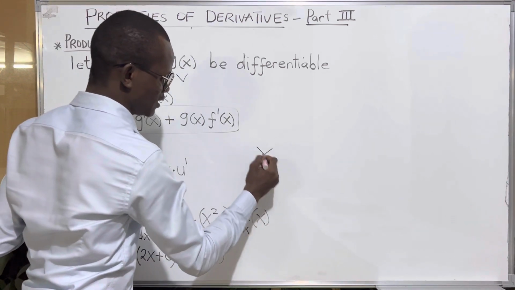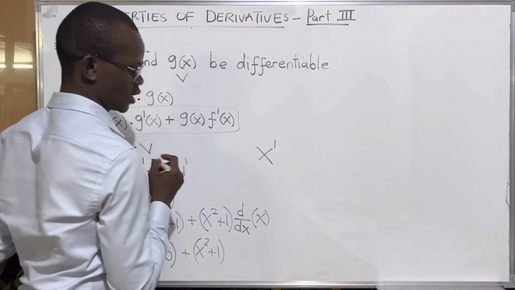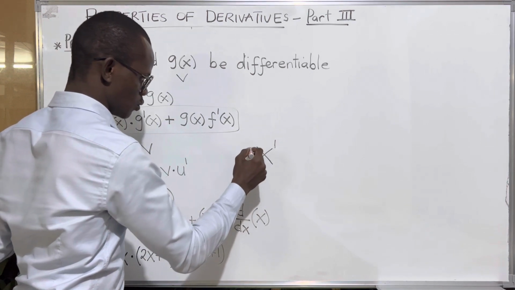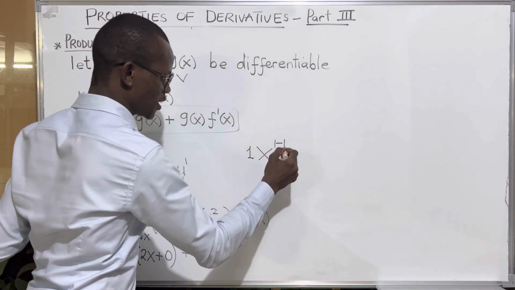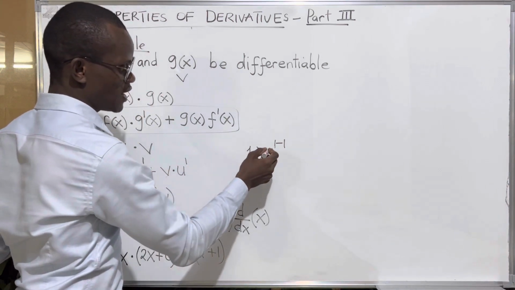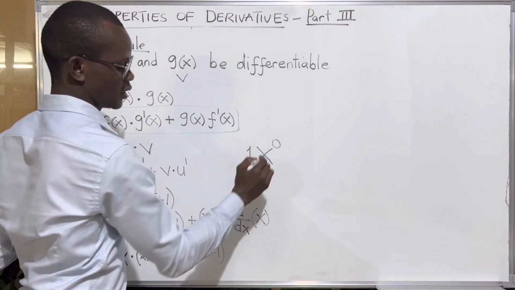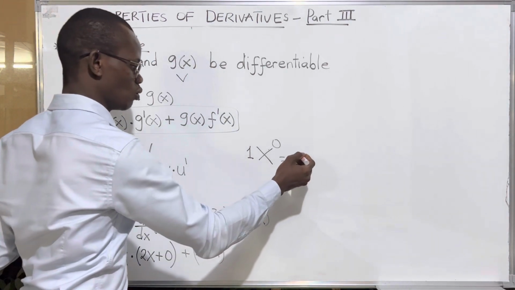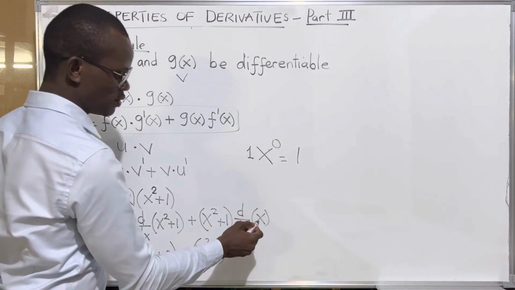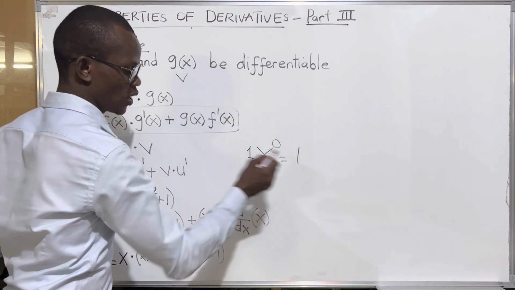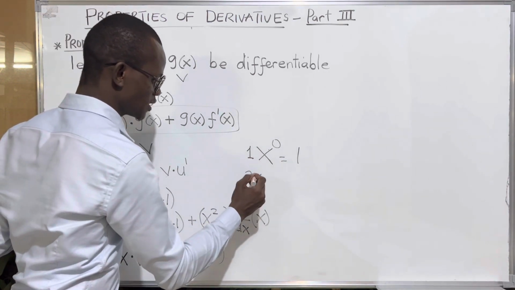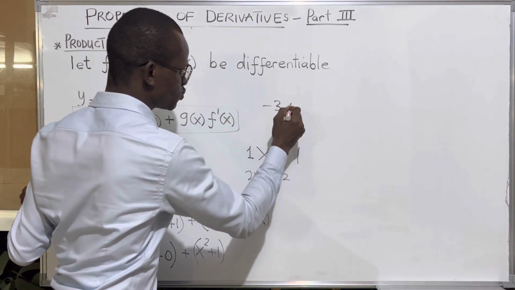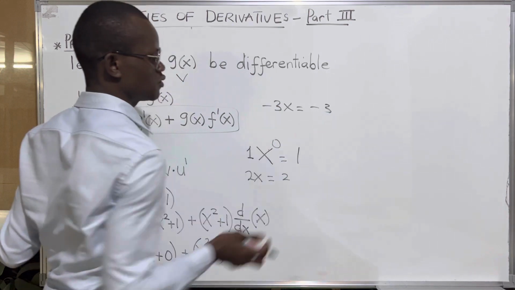Now mind you, x is raised to the power 1. So if you bring this 1 down, then you subtract 1 from the power, you will notice that you have x to the power 0. And anything raised to the power 0 is just equal to 1. So the derivative of x will just be 1. The derivative of 2x will just be 2. The derivative of negative 3x will just be negative 3, and so forth.